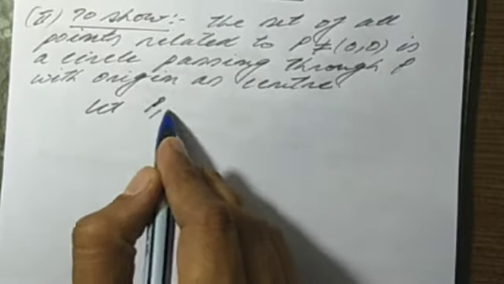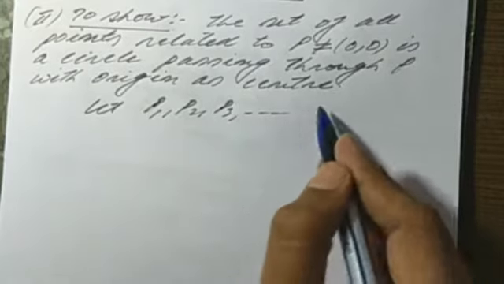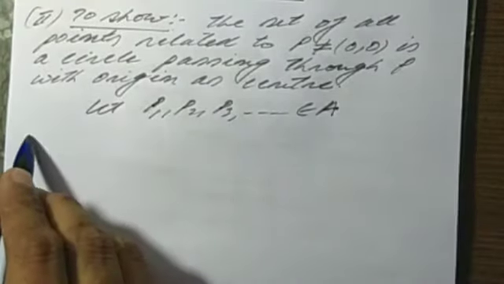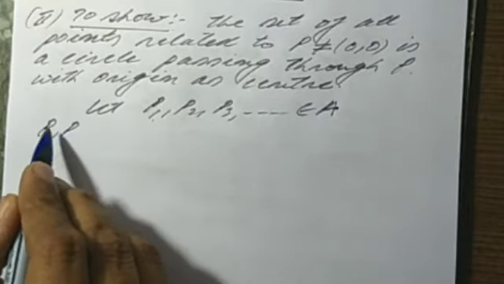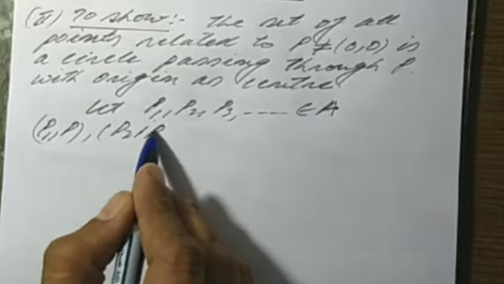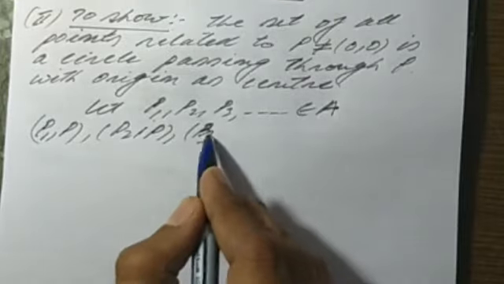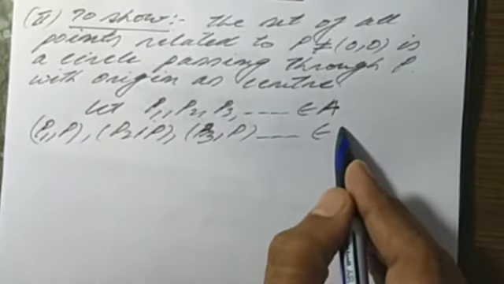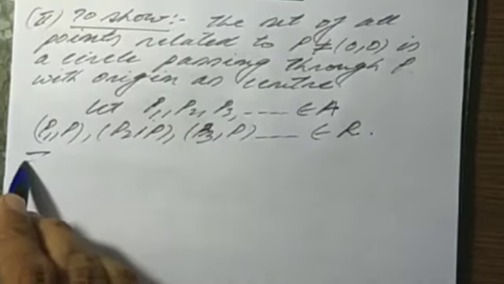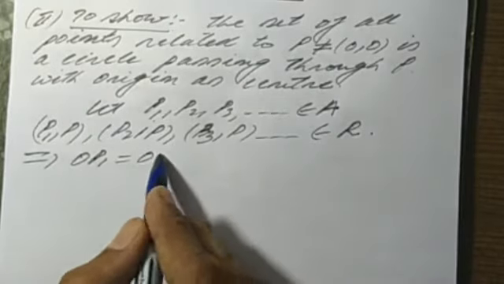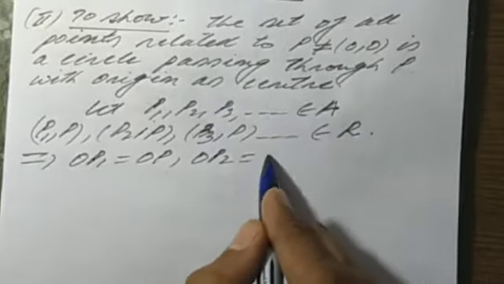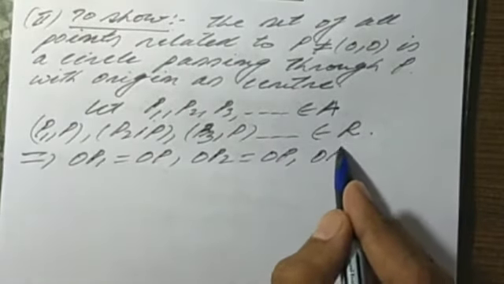So let us take P1, P2, P3 and so on from set A such that (P1, P), (P2, P), (P3, P) and so on, all belong to R. It implies that OP1 is equal to OP, OP2 is equal to OP, OP3 is equal to OP and so on, which is only possible when P and P1, P2, P3 and all these points lie on a circle with origin as center.